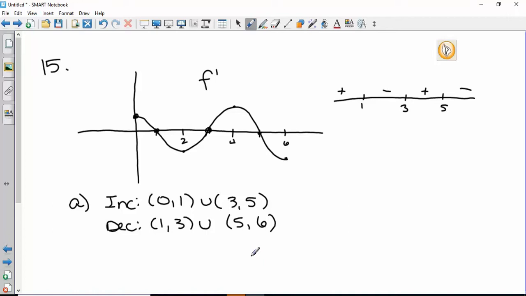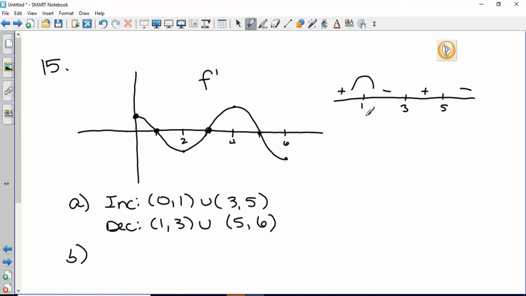Do you guys all see how I got the increasing, decreasing? Second question is the maximum or minimum. So I recommend, if you're struggling, draw the number line because you're used to telling the maximum or minimum from that. This was positive, so increasing, then negative, so decreasing.